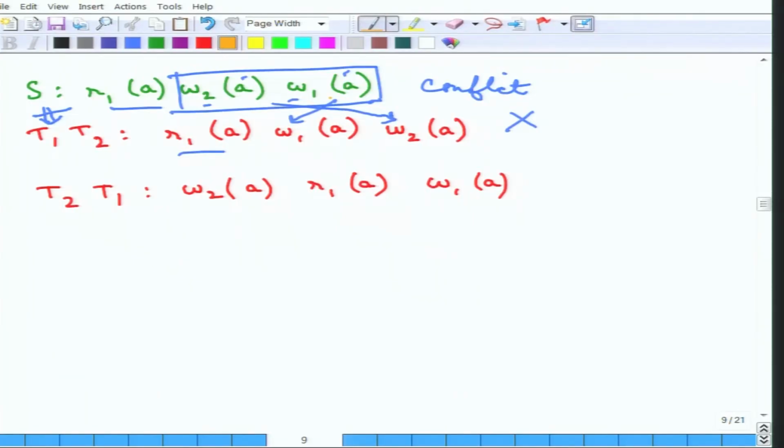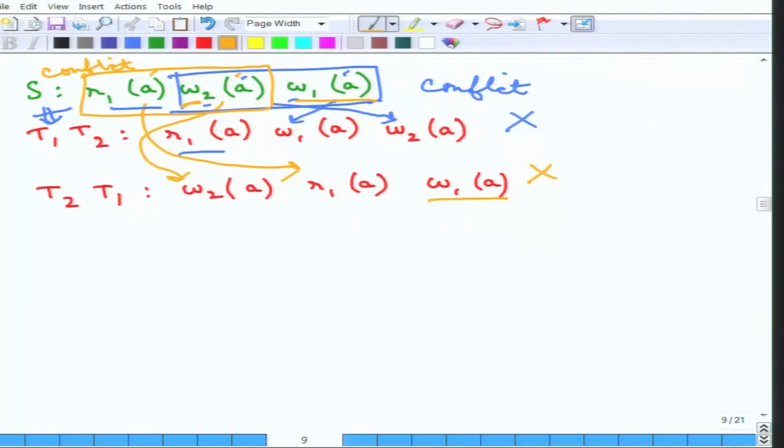Fine. So now let us see whether this is equivalent to S. Once more, W1A is the last operation, so nothing to be worried about, but R1A and W2A have been swapped. Let us see if that swap can happen. Now R1A and W2A are on the same data item and one of them is a write, so this also conflicts. So this is not a non-conflicting swap, so this is also not equivalent.